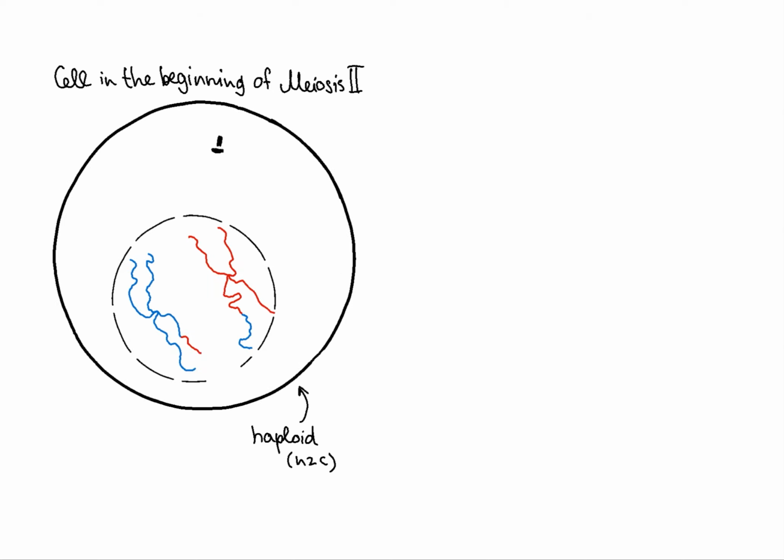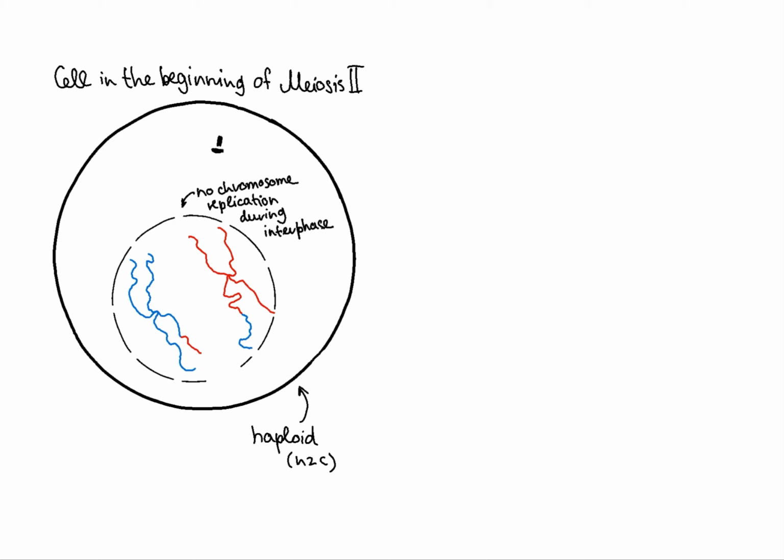Now, when our cells move from meiosis 1 to meiosis 2, no replication of chromosomes occurs during the interphase between these two phases. So the number of chromosomes, as well as the number of chromatids, stays the same. Meiosis 2 itself is similar to mitosis, with the only difference that the cells are haploid from the beginning.